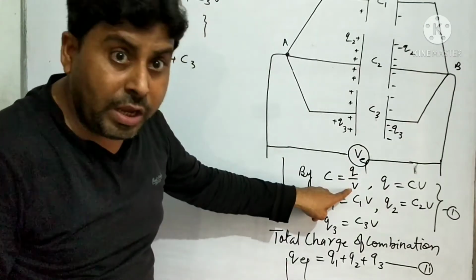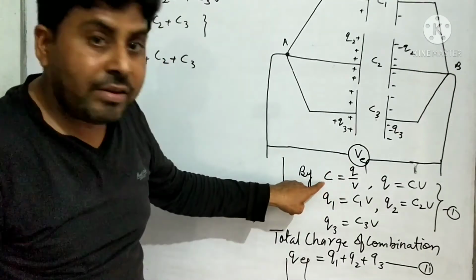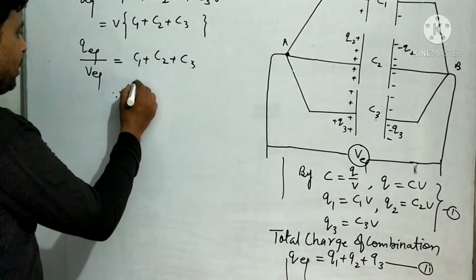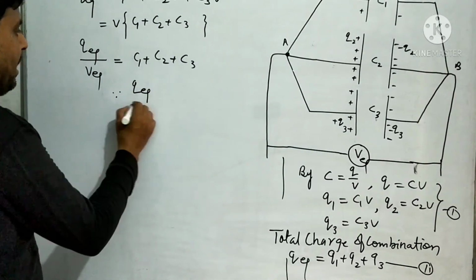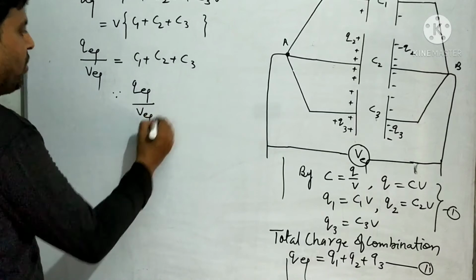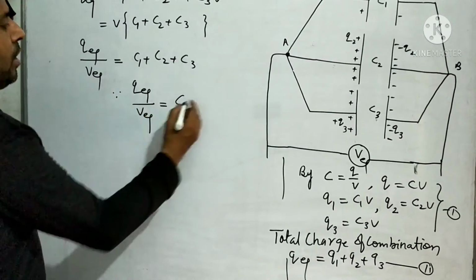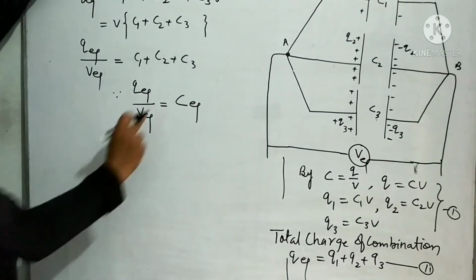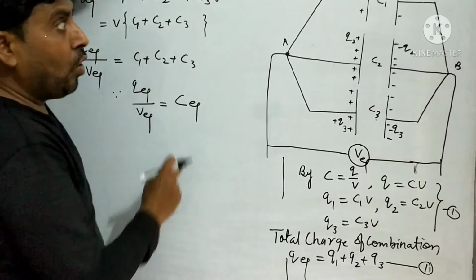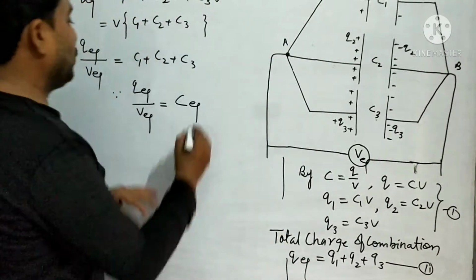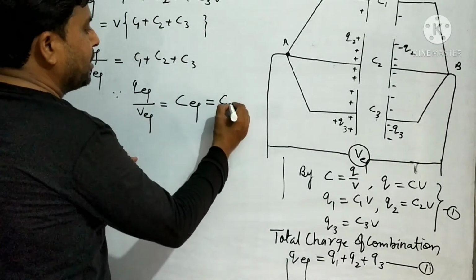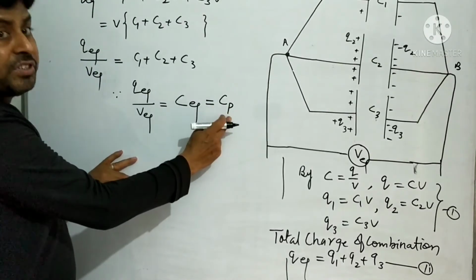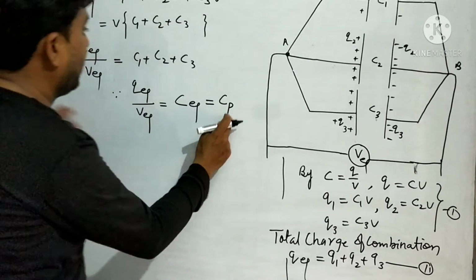Q over V is capacitance C. So Q equivalent over V equivalent equals C equivalent, for the combination of parallel. So we can write it here as CP, P for parallel, the net capacitance of the parallel combination.